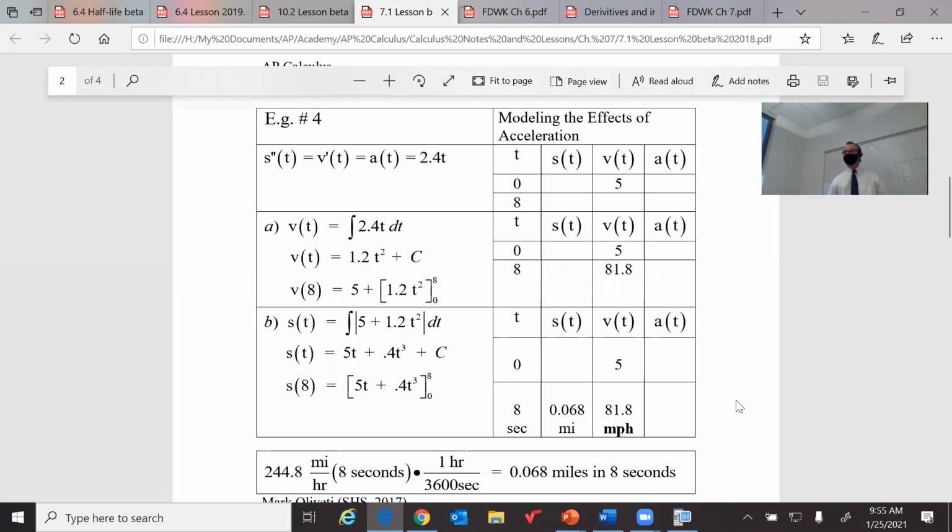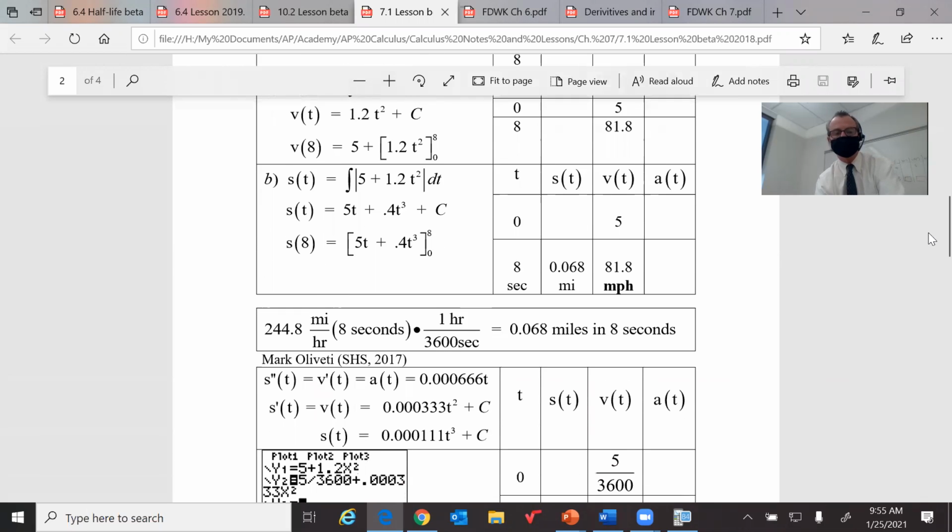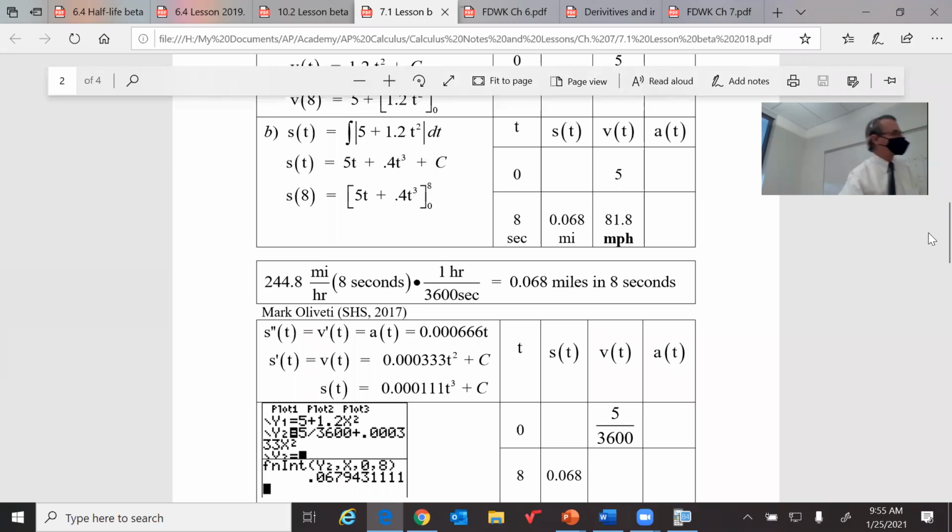The units don't match, because this is miles per hour, and we did 8 seconds. So we have to do a size change, or a scale change. So we go here. Dimensional analysis. This is our answer.